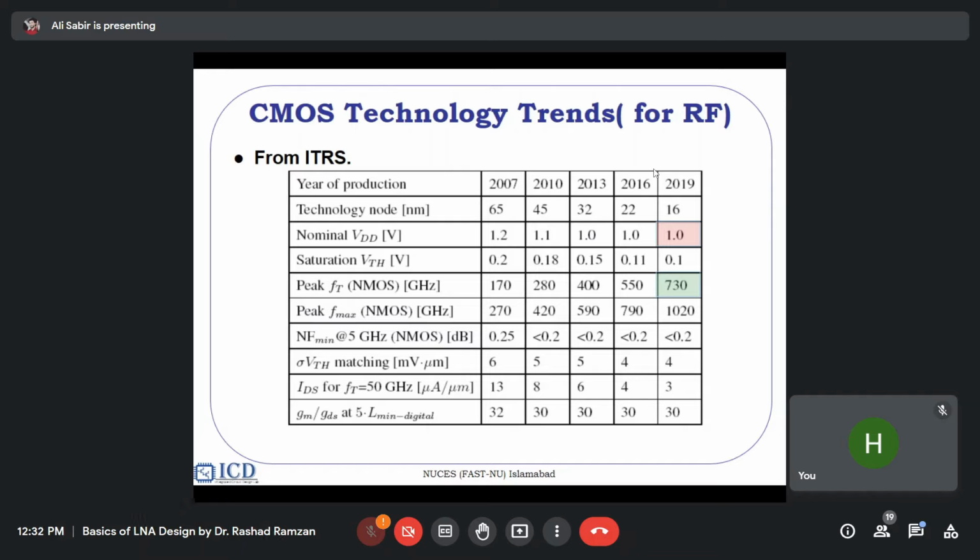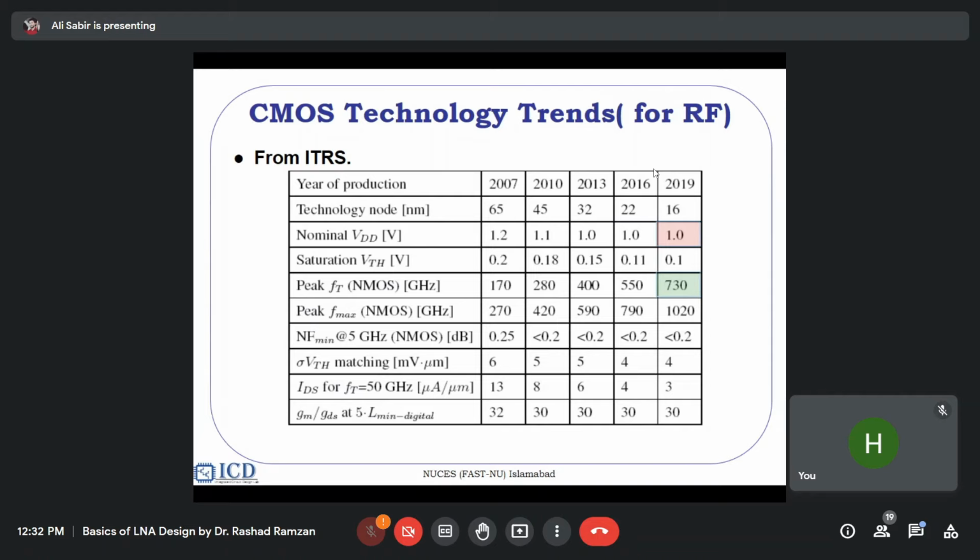As we discussed in the class, usually we can comfortably design the amplifiers and related circuits, GM cells and the filters up to FT by 10. So if we have a 730 GHz FT, at 73 gigahertz we can comfortably design.